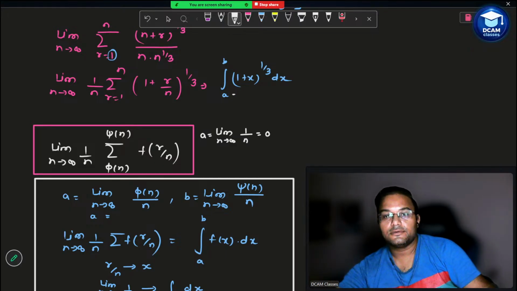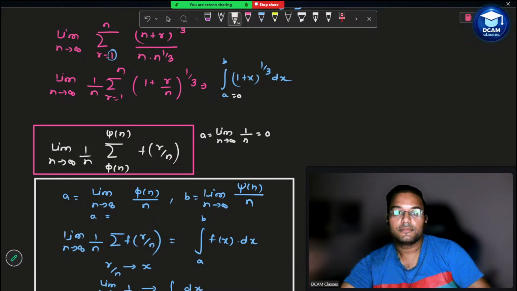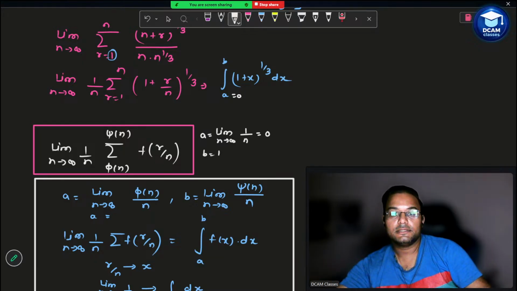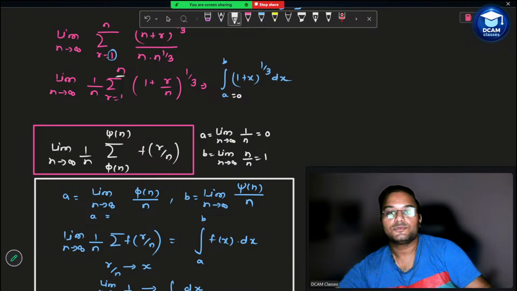So a is 0. What is b? b is limit n tends to infinity psi of n by n. Psi of n is n here, so n by n will be 1. So b is 1. So our integral has become 0 to 1, 1 plus x whole power 1 by 3 dx.